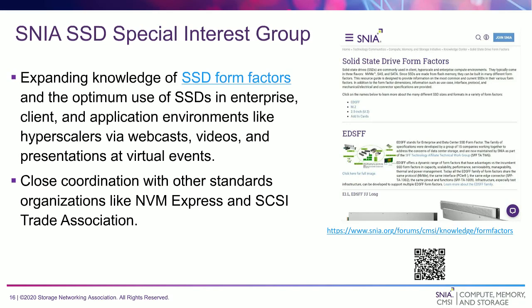Some of the other things we're going to tackle in the future of this work group is trying to do more segmentation around SSDs to help people understand different classes of SSDs. We do see some difference in features, power, performance, and quality of service between, for instance, data center drives used in hyperscale cloud, enterprise server OEMs and mainstream server use cases, and then storage and high availability dual port use cases.